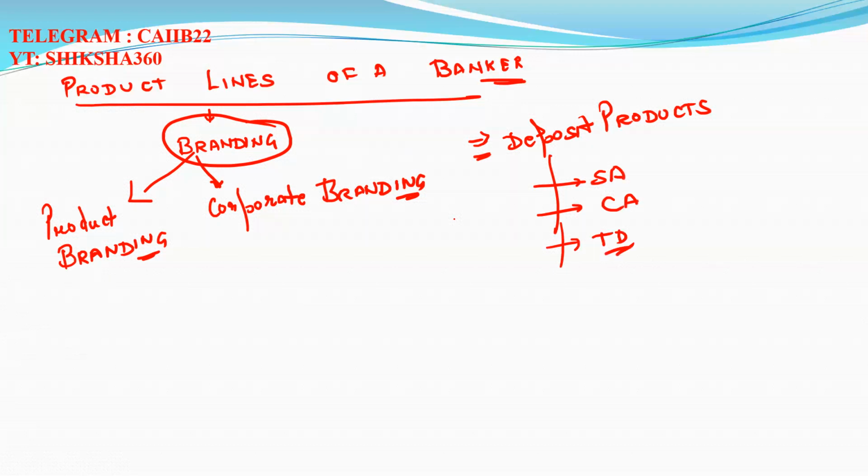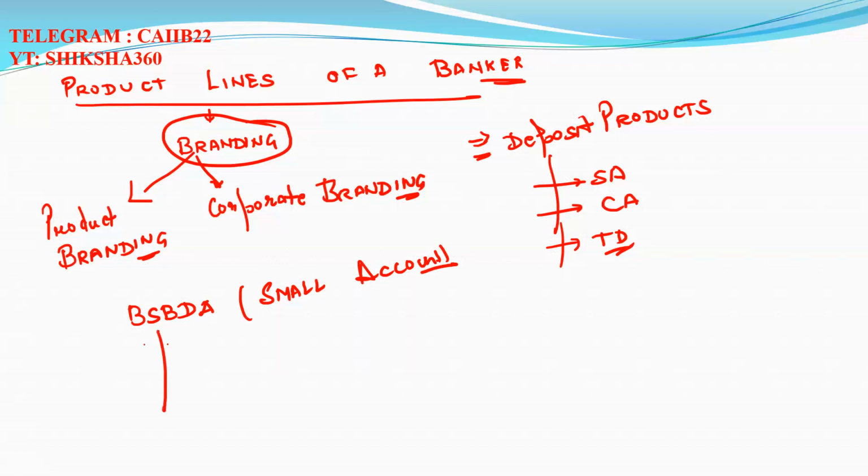So you have to remember all these products: saving account, current account, and term deposit account. Next, sometimes they will ask a question from the BSBD account, or we can say small account. Just remember that BSBD is the basic savings bank deposit account. In that, 3 to 4 points are very, very important.